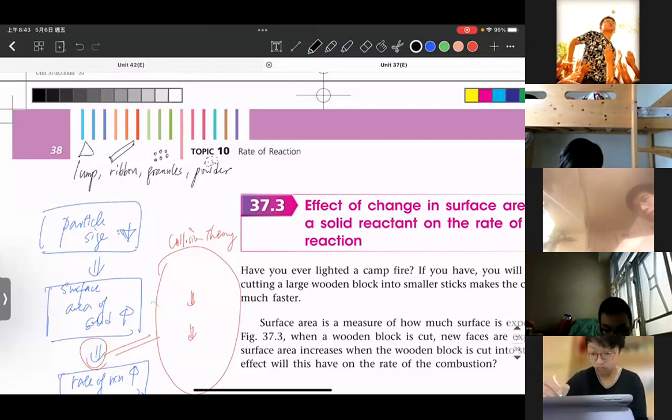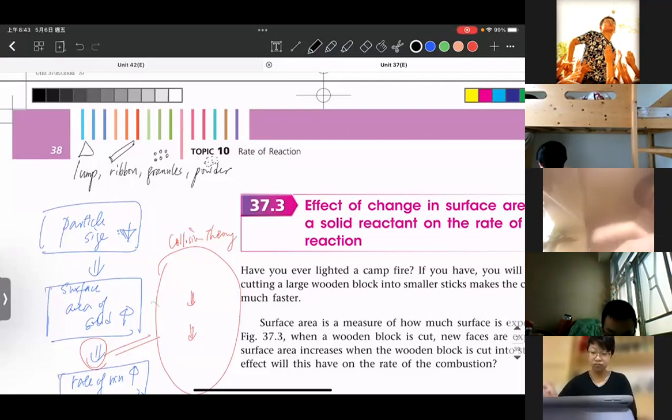Are there any other names to describe the appearance of a solid besides lump, ribbon, granules, powder? Any other terms that you have heard before? Almost there, right? So remember, once you see those names, they will tell you indirectly the particle size of it.